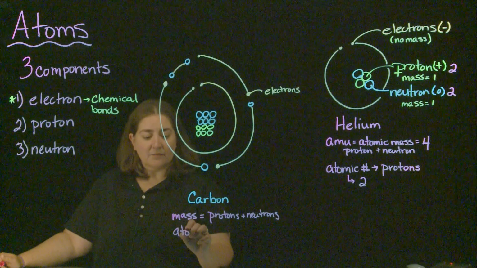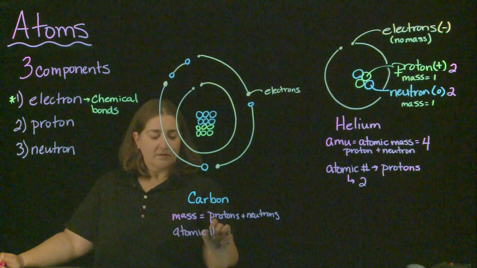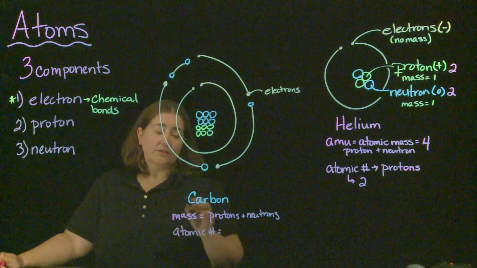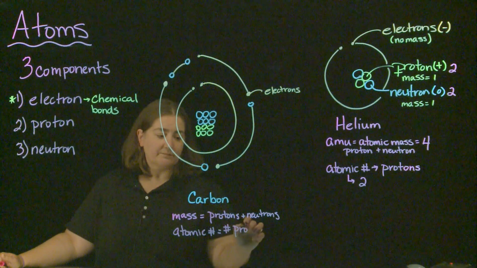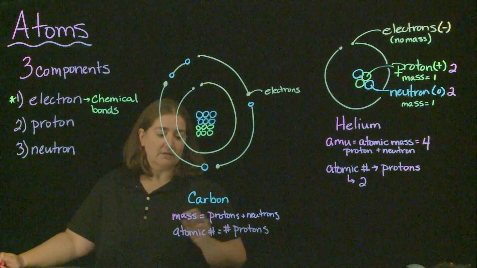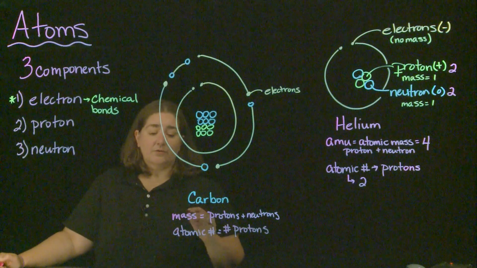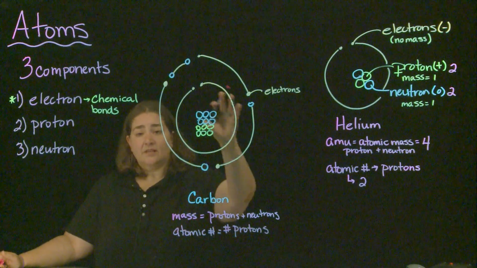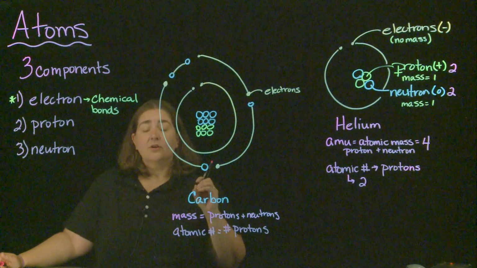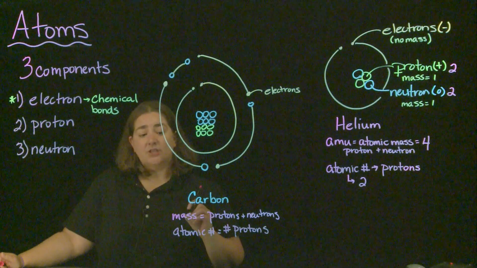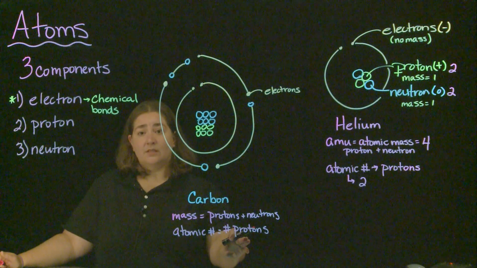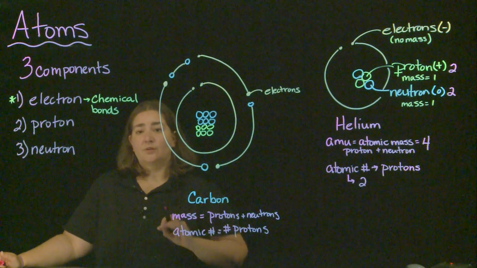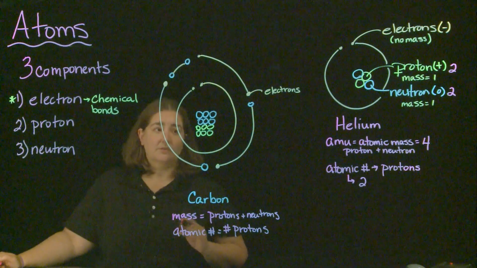The atomic number is going to be the number of protons. Okay? Now, typically when we're talking about figuring out how many electrons each element has, for what we need in biology, typically the number of protons held within the atom is going to equal the number of electrons, okay?